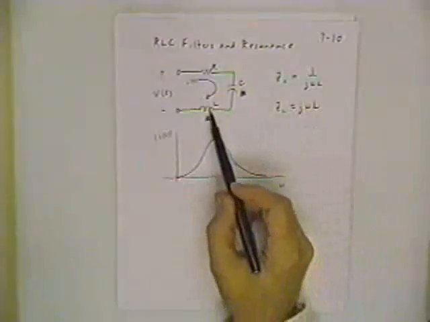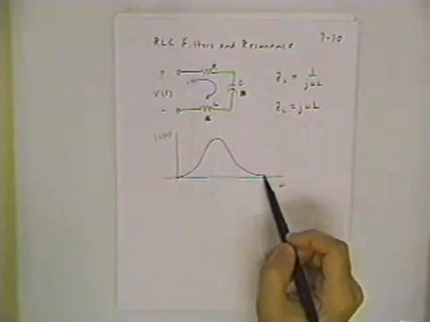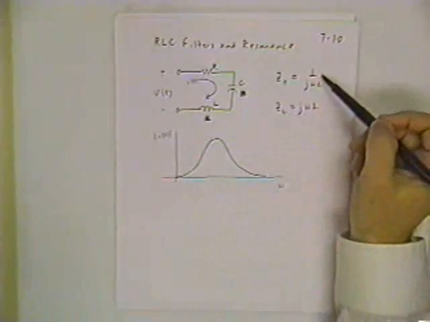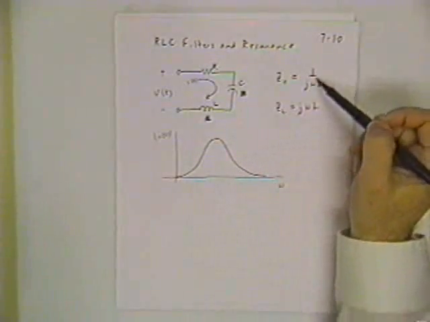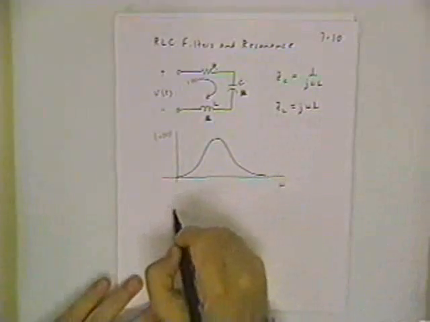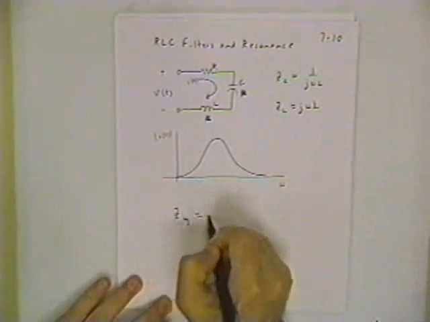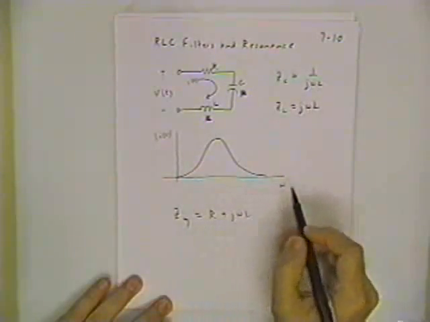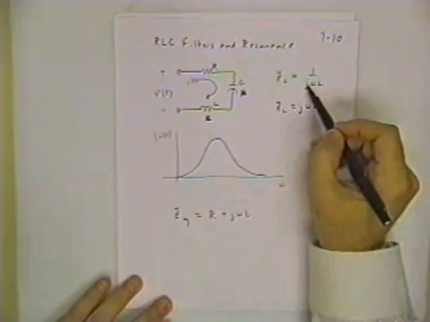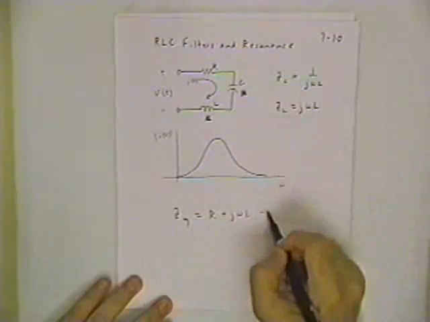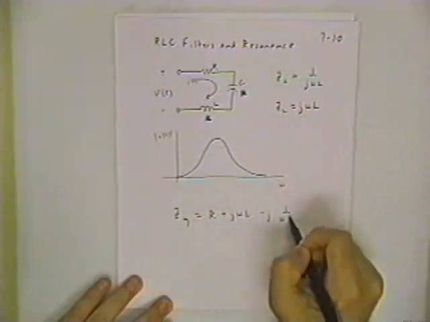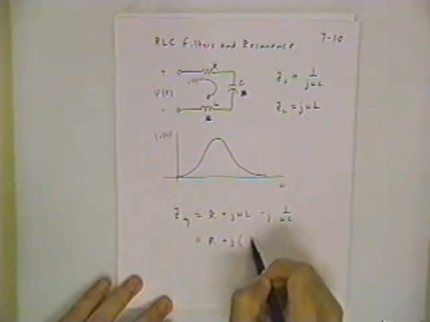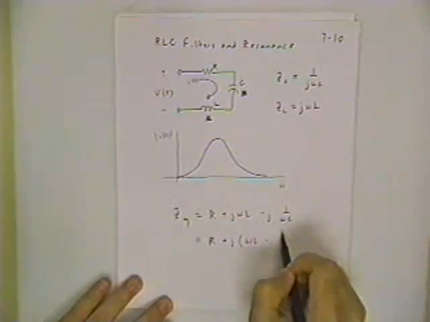So when the frequency gets real high, it's the inductor here that's keeping the current from being very large. But somewhere in between, what happens is that the capacitor impedance and the inductor impedance just cancel each other out. You get a Z_eq equal to R plus j omega L. And now if you'll let me put the j upstairs, that makes this a minus j 1 over omega C. Now I can get a hint of what's happening.